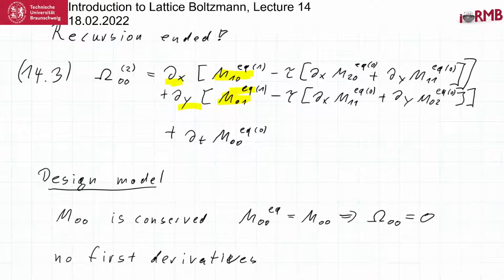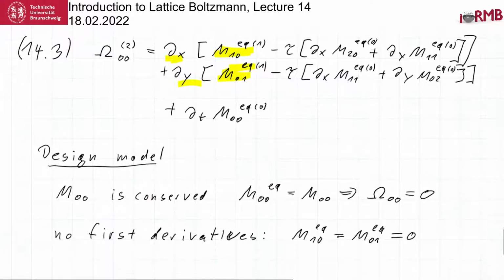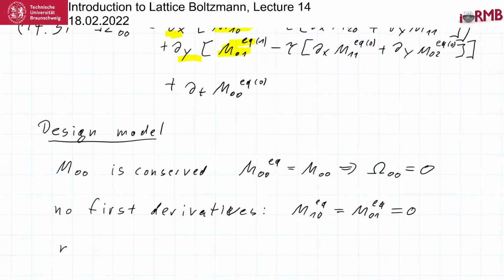Derivatives. So this means that M10 equilibrium and M01 equilibrium, we simply set them to 0 and then we have eliminated them. We also don't have mixed derivatives in our target equation.